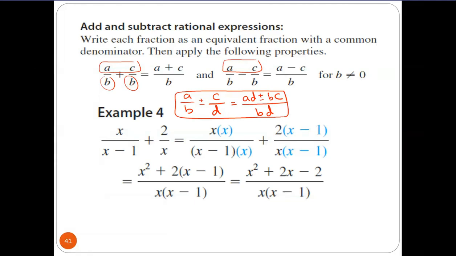Look at this here. We have x over x minus 1 plus 2 over x. This equals, multiply the denominators together, so multiply x with x minus 1, and do the cross product.